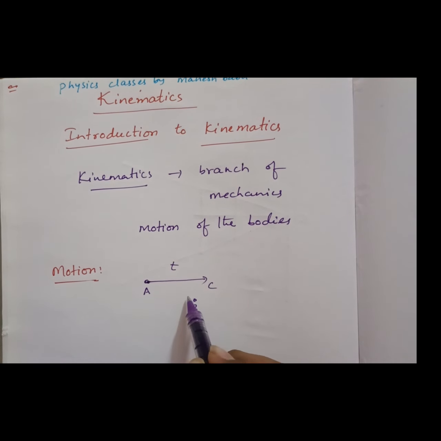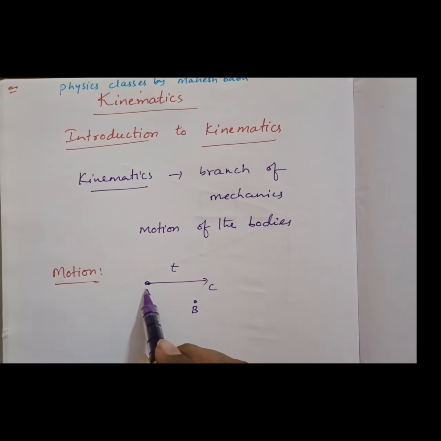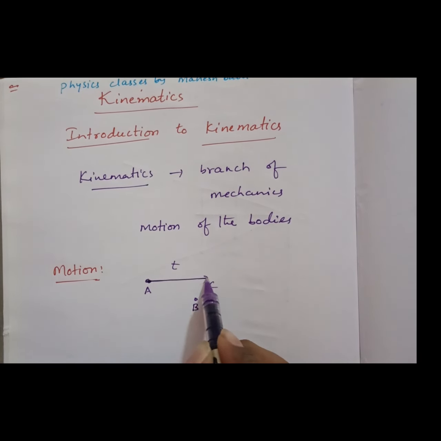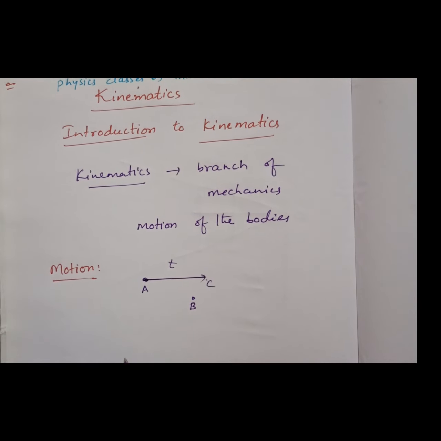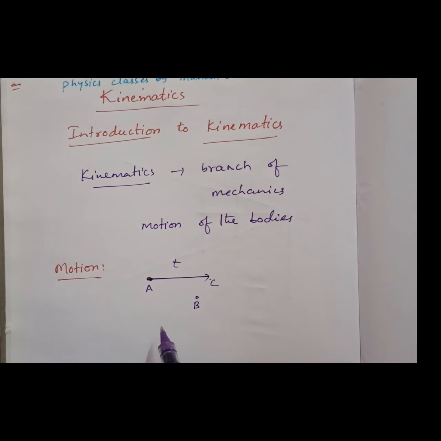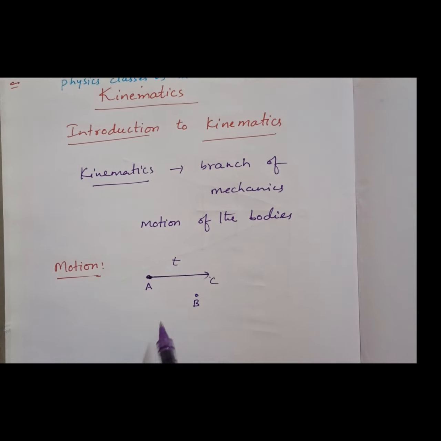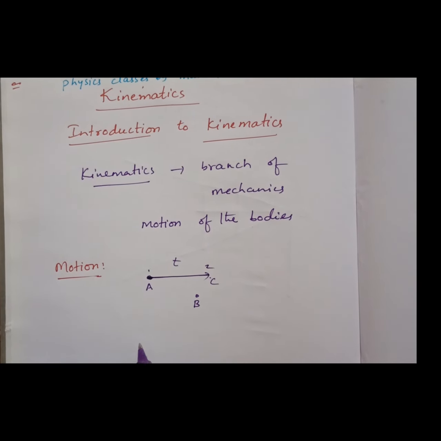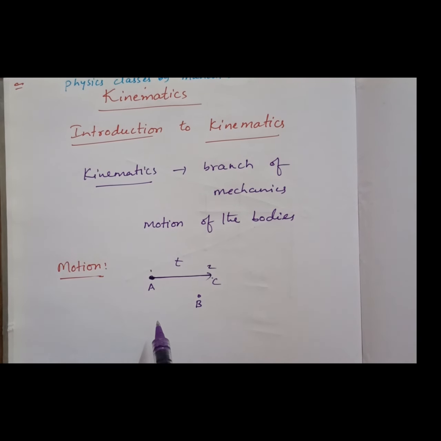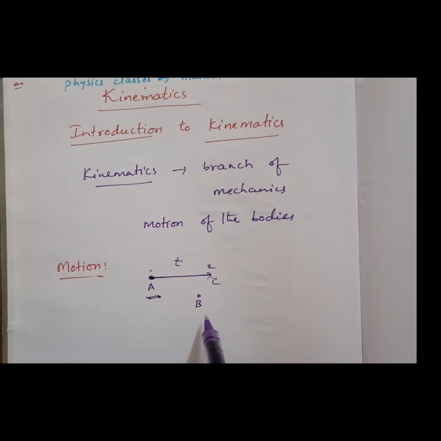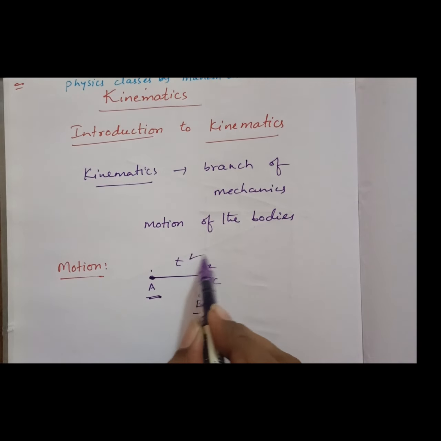With respect to this person B, A changes its position from one point to another point, to C. Then we can say A is in motion with respect to B in a particular time t.